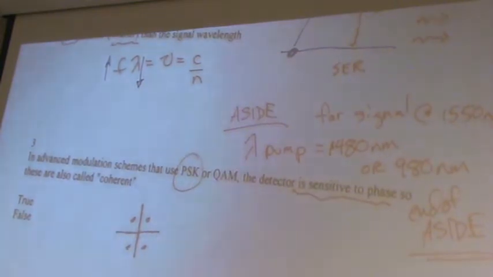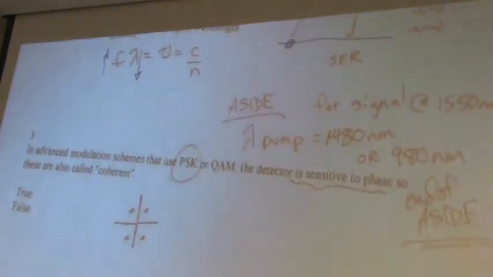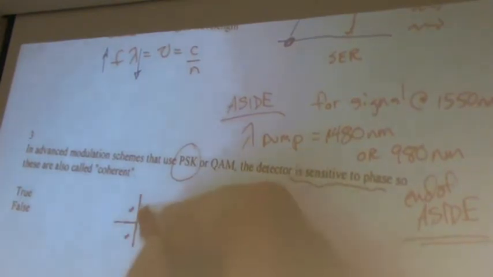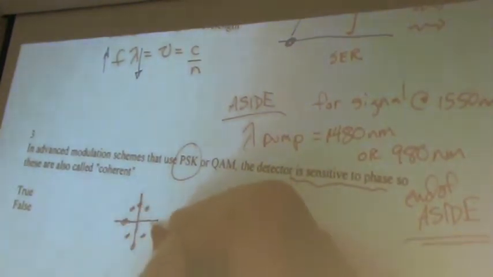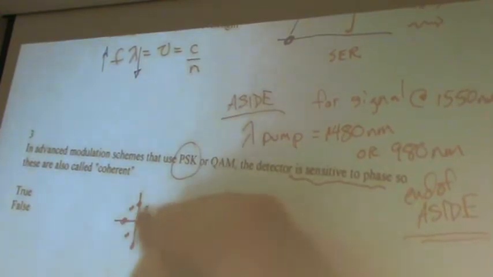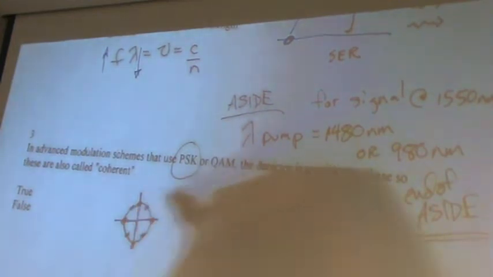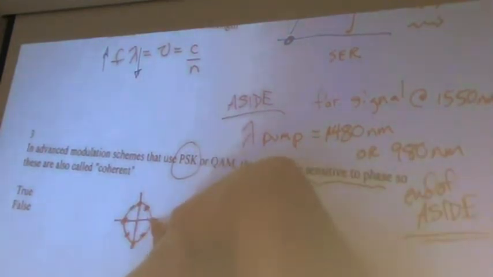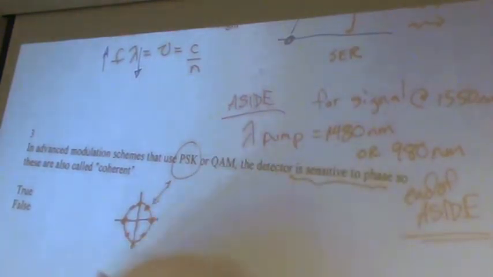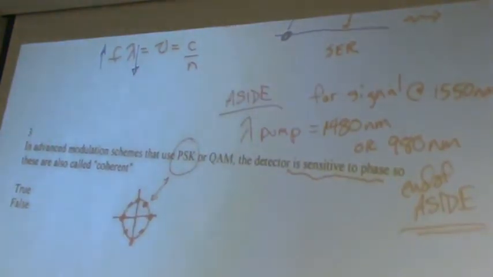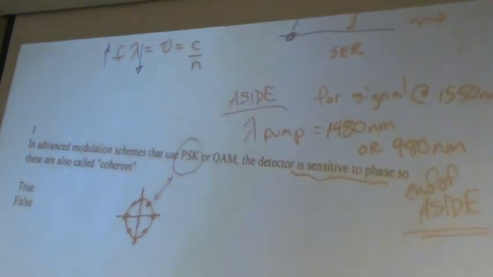Instead of 4 amplitude levels, I could have 4 phase shifts. I could have 8 different phase shifts, 8 circles on a dot, or 8 dots on a circle. The amplitude here being a constant, then it looks like a circle. And those are my states, the different phase shifts. If there are 8 dots, it's 8 PSK. If there's 16 dots, it's 16 PSK.